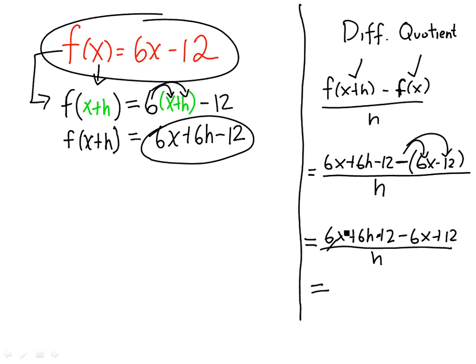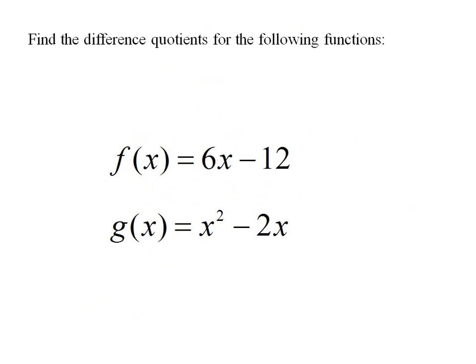The 6x's cancel out here, and the negative 12 and the positive 12 cancel, and you have 6h over h. Notice that the h's will cancel too, so the answer is just 6. That's all you have to do. Let's work on number 2.